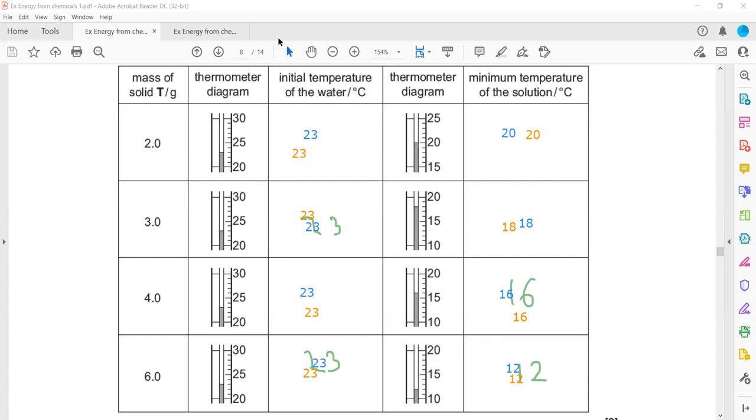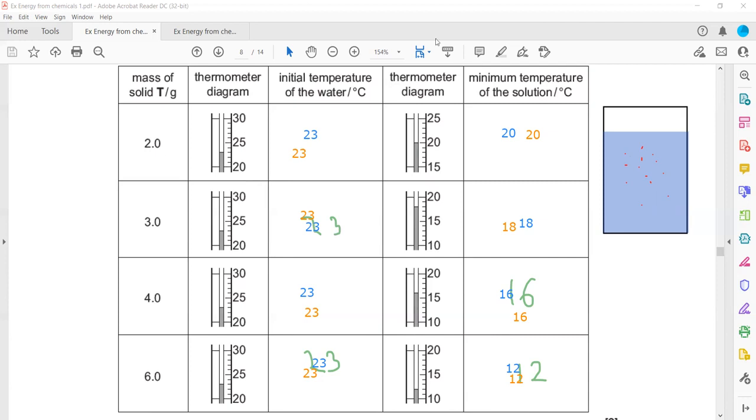So basically what happened, as you can see here, the temperature is decreasing. It means the reaction is endothermic. How is the reaction endothermic? Because water is not the reactant here. The particles present inside the water, the red color is representing the reactant particles. So the reactant particles take energy.